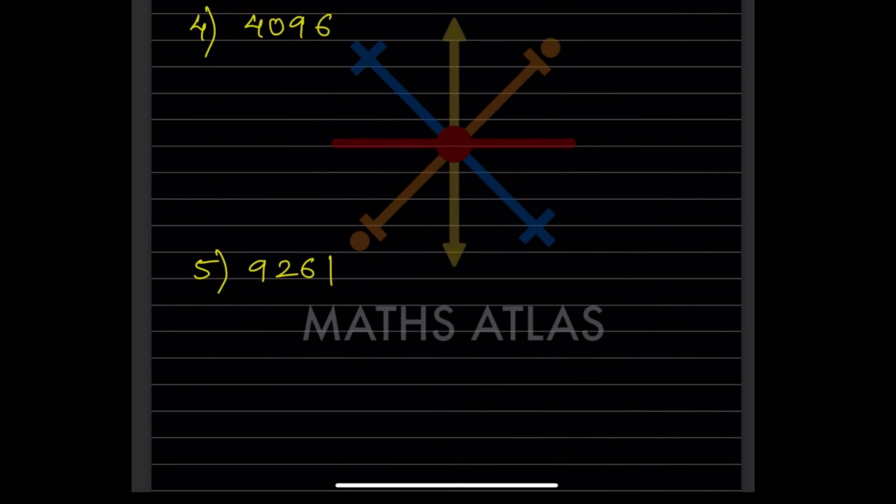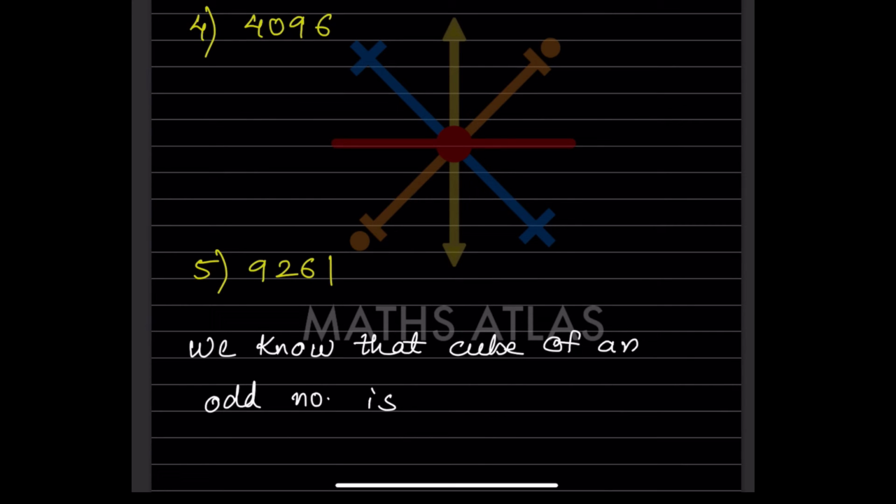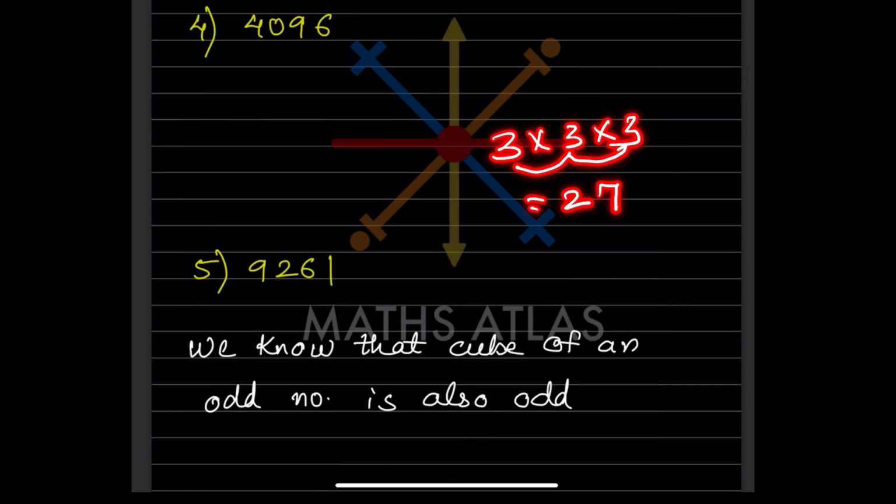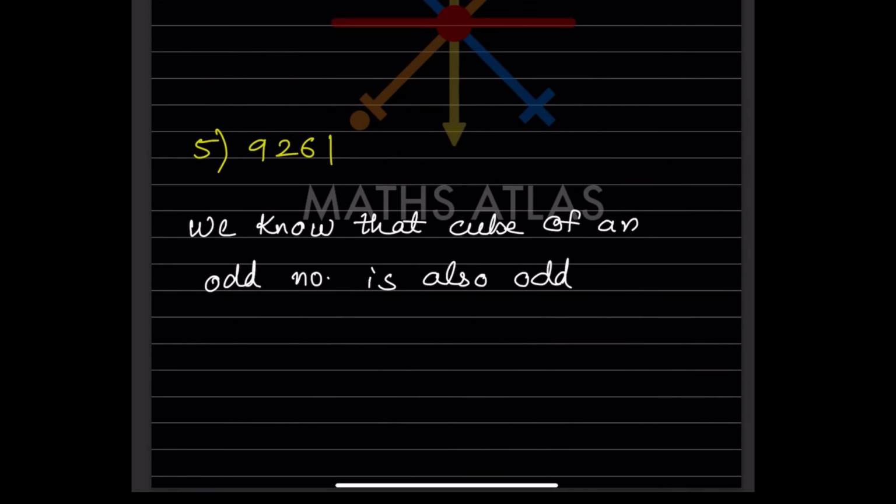So we can write in one sentence over here that we know that the cube of an odd number is also odd. Suppose we take the cube of 3, 3 into 3 into 3. So what do we get here? 3 threes are 9, 9 threes are 27. So 27 is an odd number. So we know that the cube of an odd number is also odd.